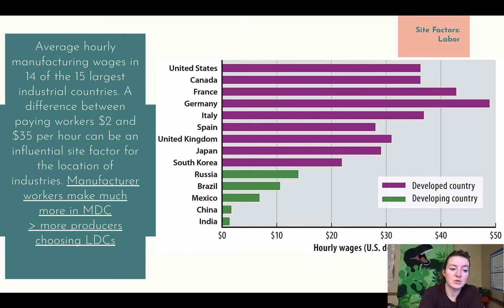So a difference between paying workers $2 per hour and $35 per hour can be an absolutely influential site factor for the location of industries. If you need to employ 100 people, paying 100 people $35 an hour versus paying 100 people $2 an hour is going to be an absolutely astronomical difference.